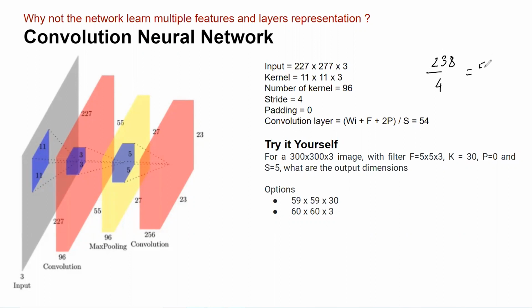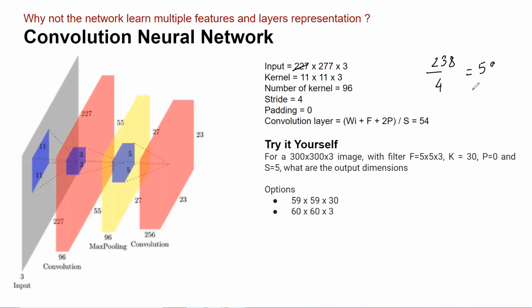Instead of this, I think the input would be something different. 227 plus 11, point something. It should be a discrete number, it should not be a decimal. 238.